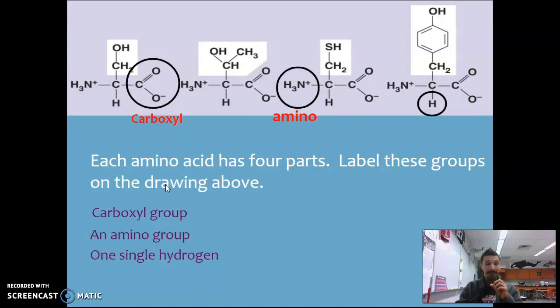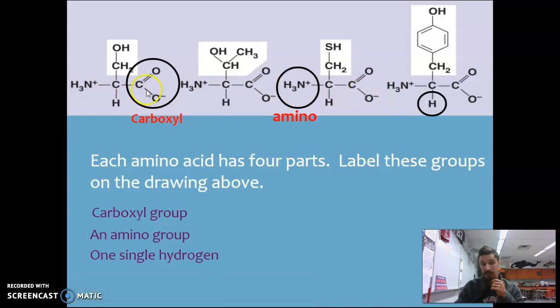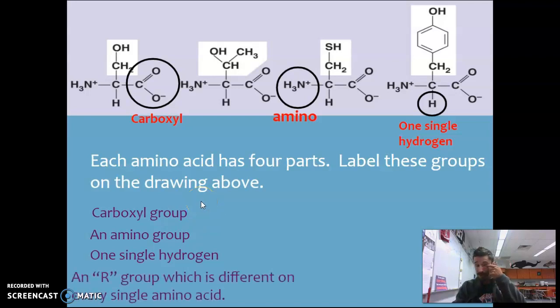Now, if you're paying attention and if you're very savvy with your macromolecules, you may have noticed that these 3 groups are all the same between all 4 of these amino acids up here. But then these parts highlighted in white, they're all a little bit different between the amino acids. We call this group highlighted in white an R group. R is just like a variable, meaning it can be anything.